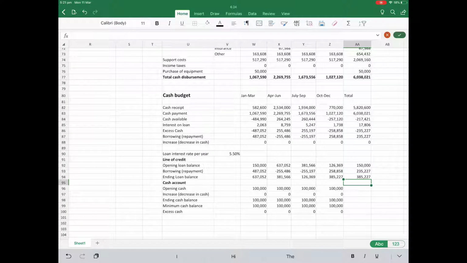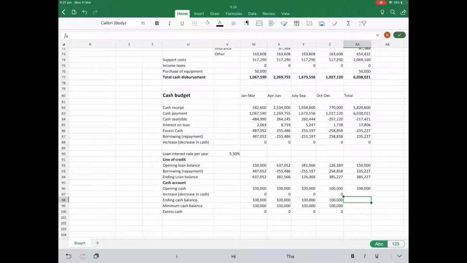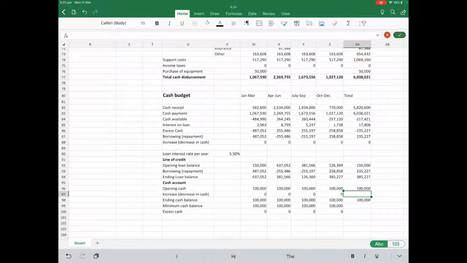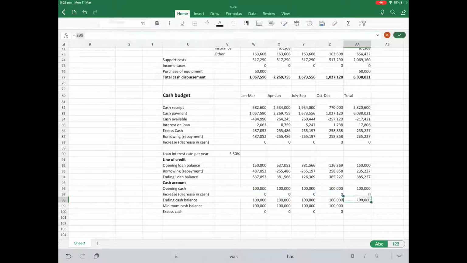300,085,227. The opening cash is this 100,000, and then the ending cash balance is the same here. I take the ending balance of the last quarter, and you can have here the sum of all cash increase and cash decrease. And you see that they follow the same rules.